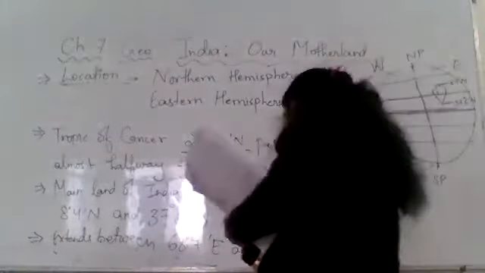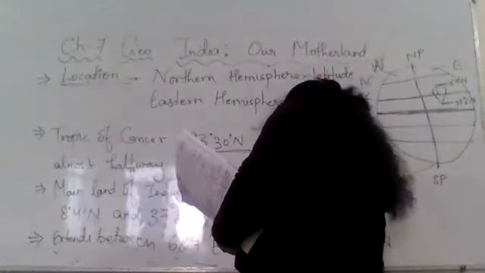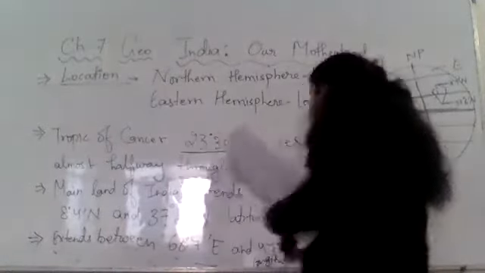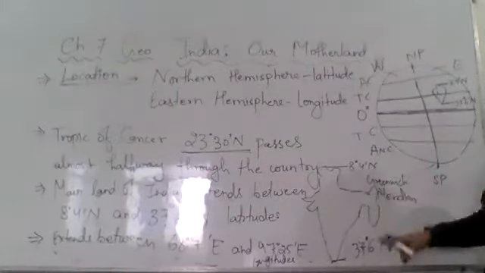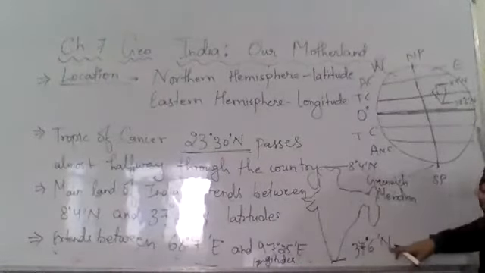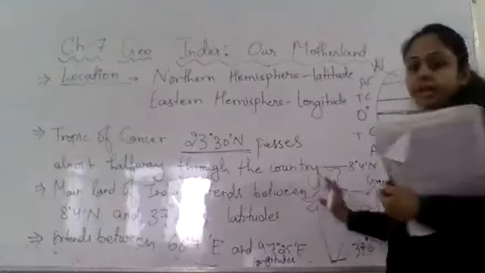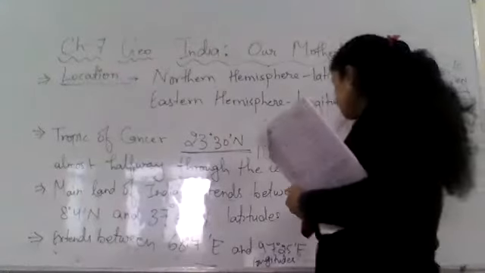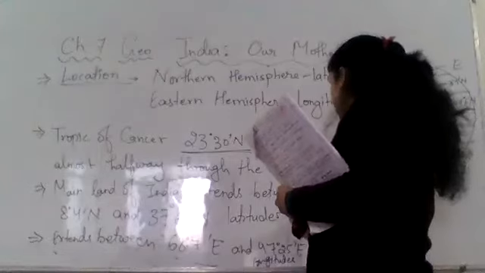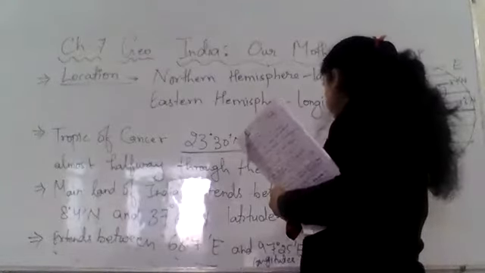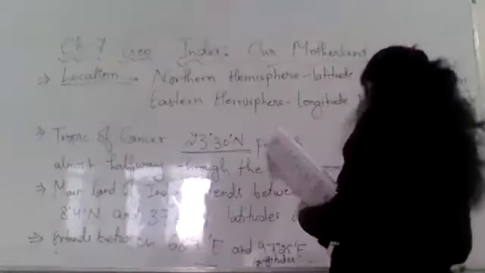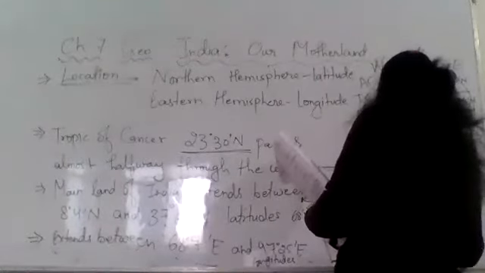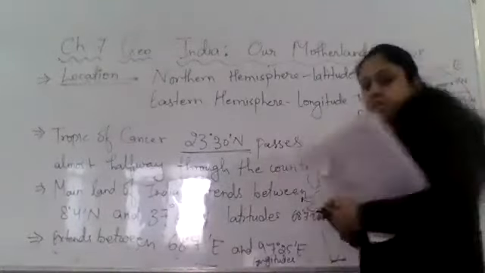Okay, this is longitude. So in latitudes it is 8 degree 4 minutes north and 37 degree 6 minutes north. But in the longitude it is 68 degree 7 minutes east here, and here it is 97 degree 25 minutes east. Understood?